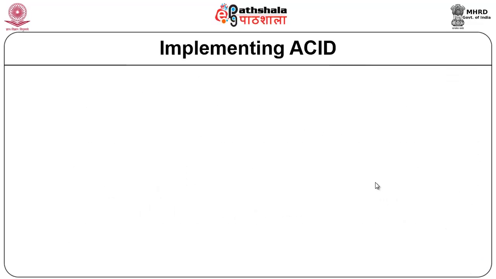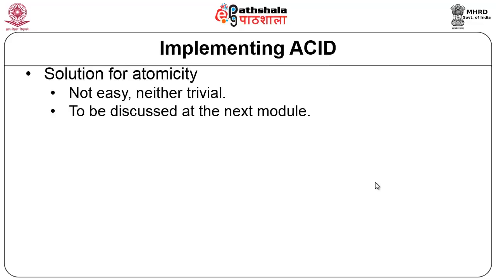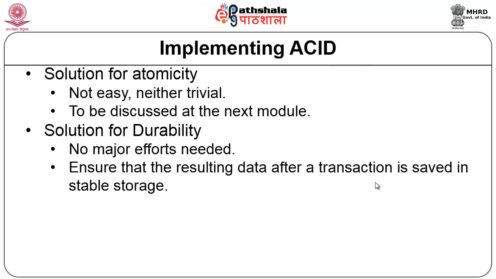So, how do we implement ACID? We have to take each property and ensure that that property is implemented. Implementing atomicity is something that we will discuss in the next module. We will talk about a solution for durability. It is very simple to ensure durability.